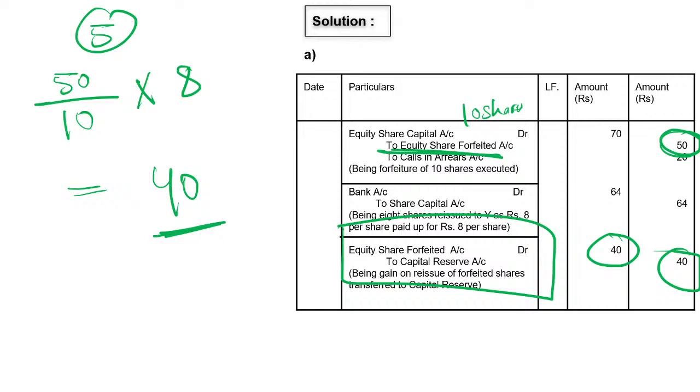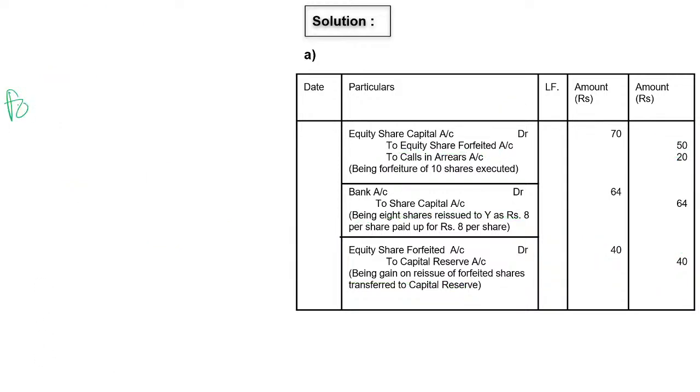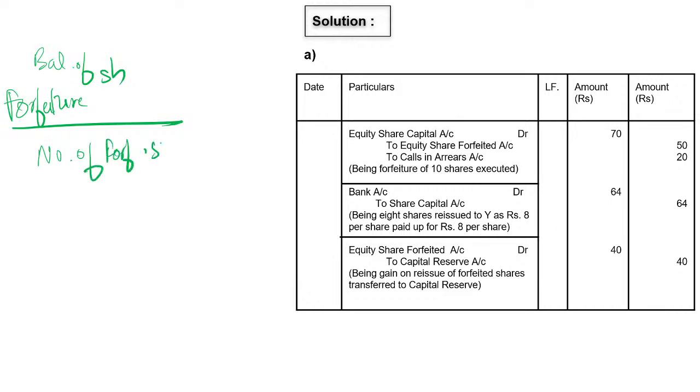So we will not subtract anything from it. So share forfeiture balance divided by number of forfeited shares multiplied by reissued shares.